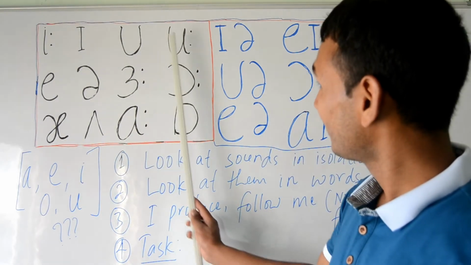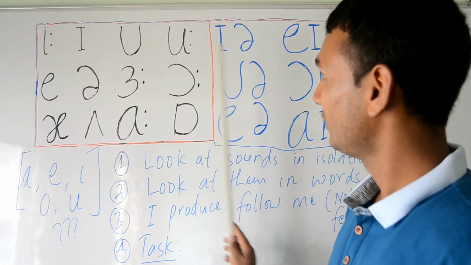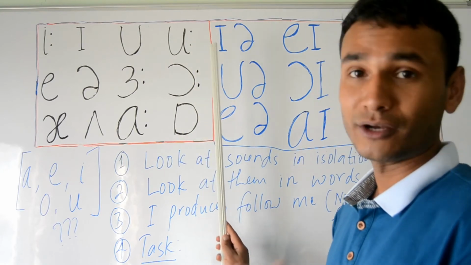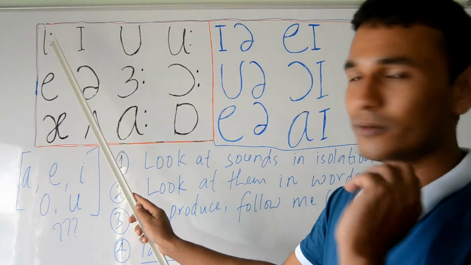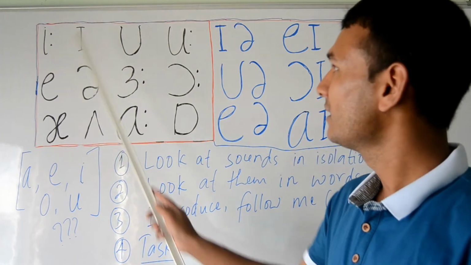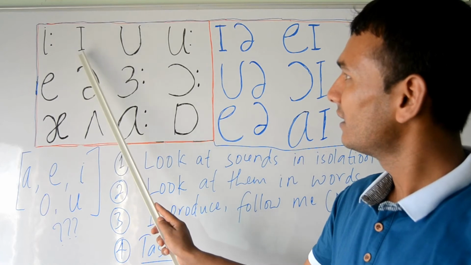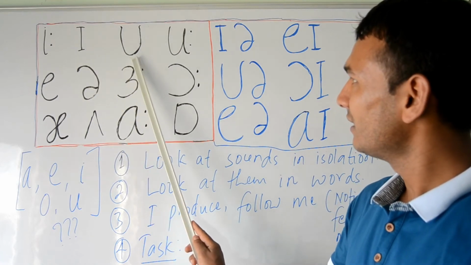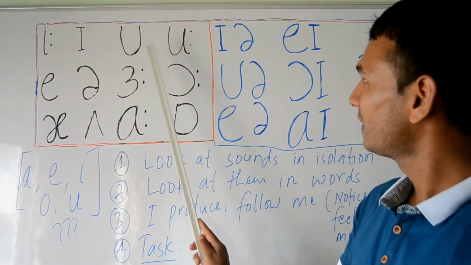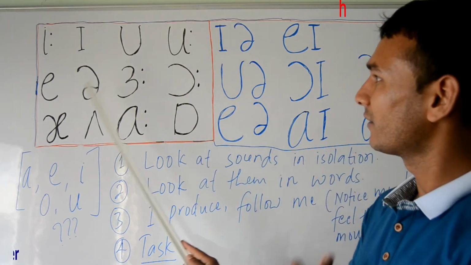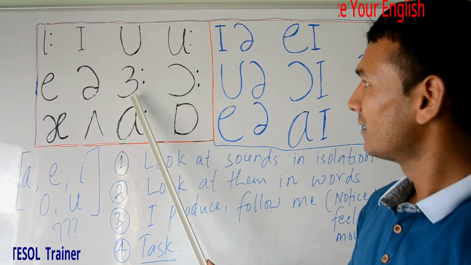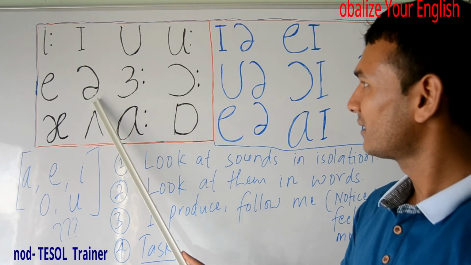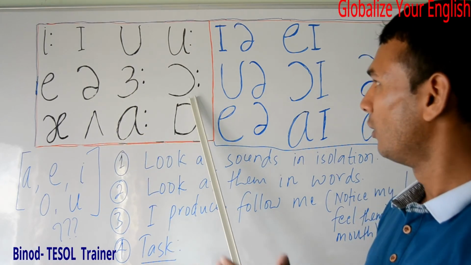So these are the back vowels, because the back part of your tongue is active. Front, a little back, then that one, and all the way back. Same thing happens here: front, a little back, then that one, and all the way back.